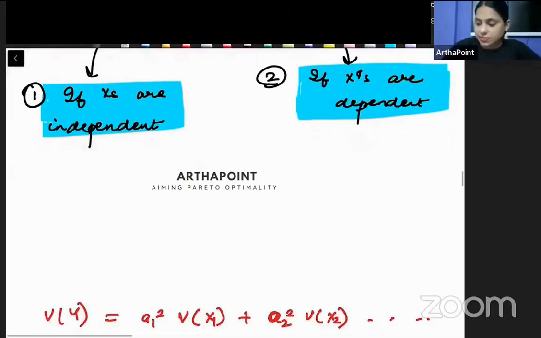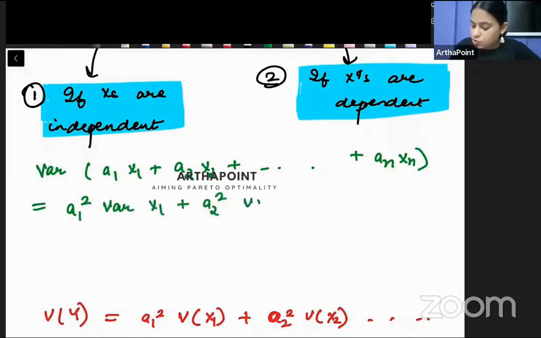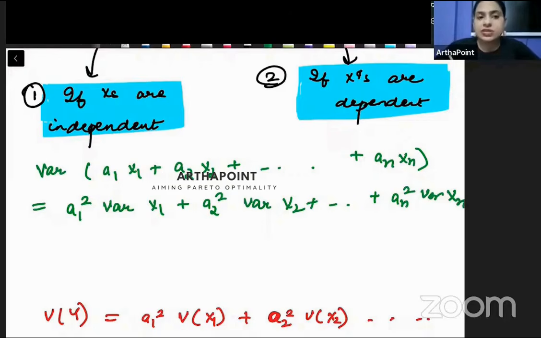If your x's are independent, beta, then variance of a1 x1 plus a2 x2 and so on till an xn, we can write as a1 square variance of x1 plus a2 square variance of x2 till an square variance of xn. This can be written like this.